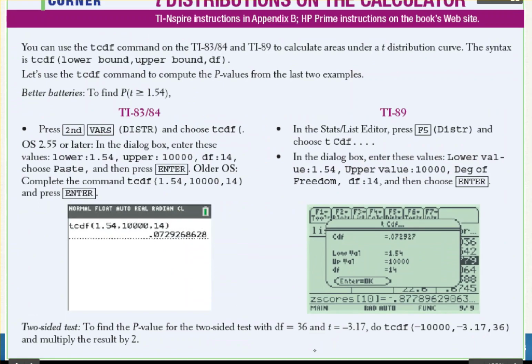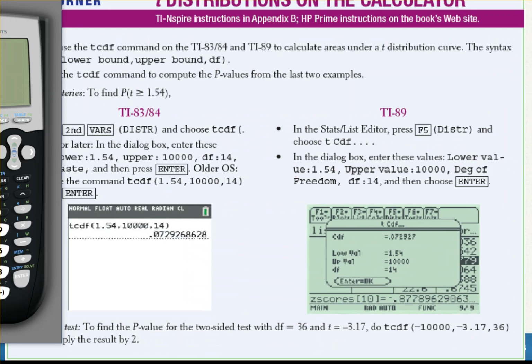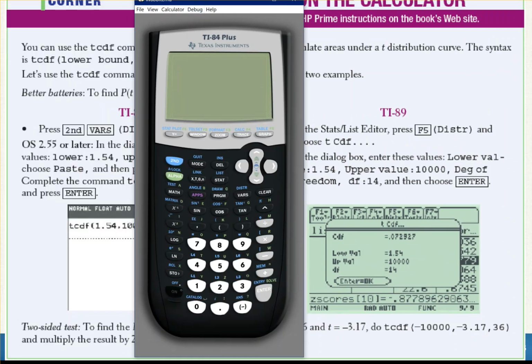All right, so this talks us through how to use the calculator to do it. I can just go to distribution, tcdf. Lower we had was 1.54.